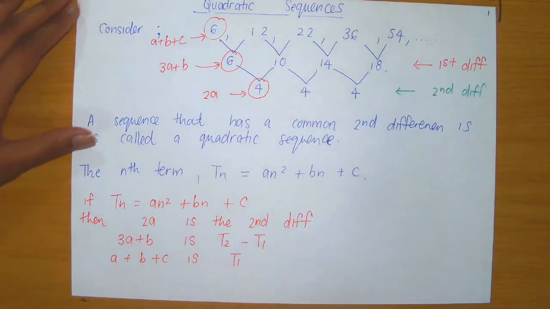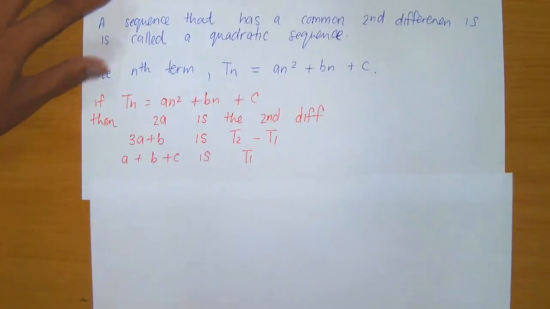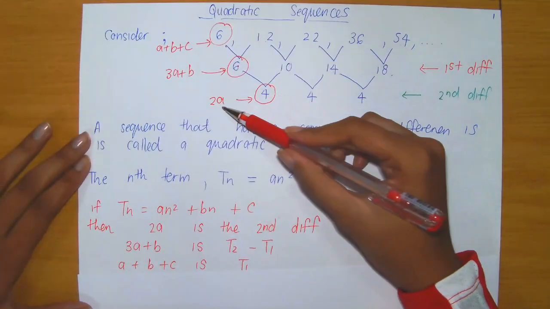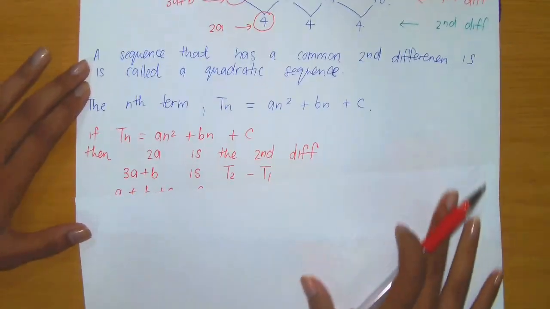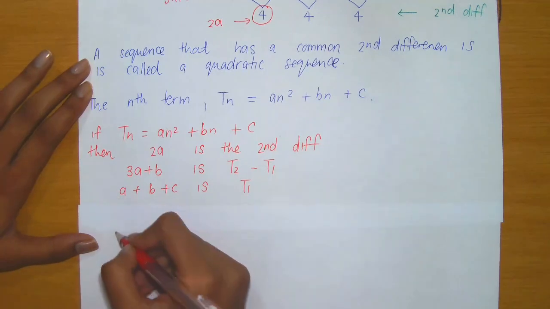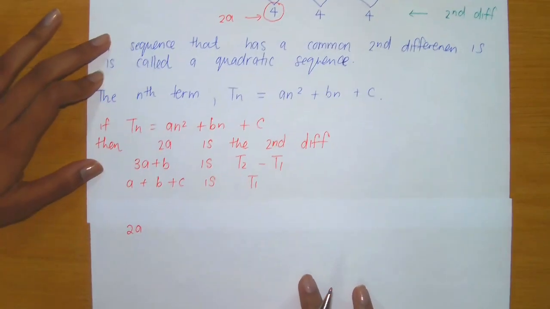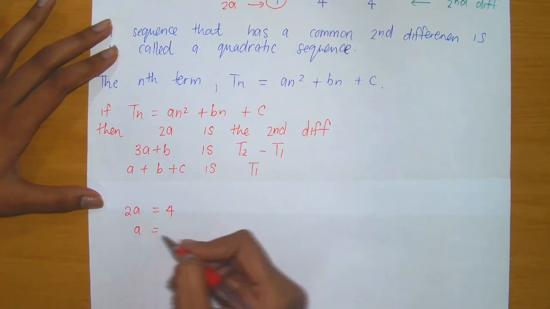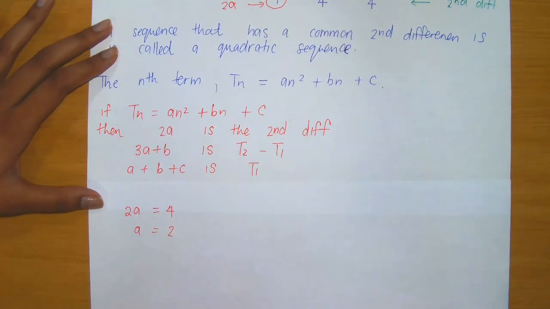So let's do that. Let's put that into practice. Right, so given what we have that 2a equals 4. So let's solve for a. So that means that a equals 4 divided by 2, which is 2.